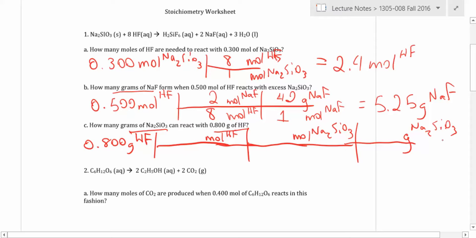Okay? What did that turn out to be? 0.6, right? 0.61 grams, okay, is the answer that goes there. But that's the process that you should be following.